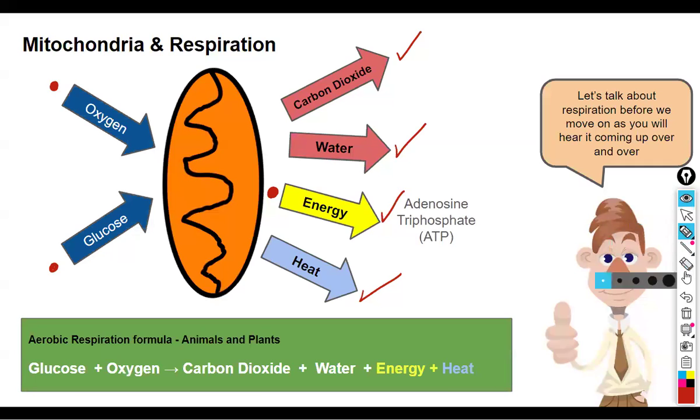Let me put X's and ticks by the good ones and the bad ones. The carbon dioxide is bad because your body cannot use carbon dioxide. Water is actually considered bad. I know what you're thinking. Water's supposed to be good, but in this particular case it's kind of bad, because the water created from respiration actually ends up in your lungs.